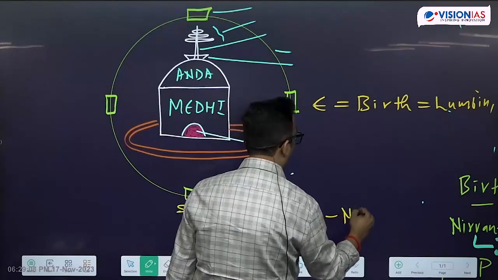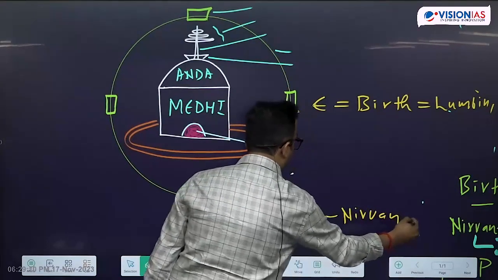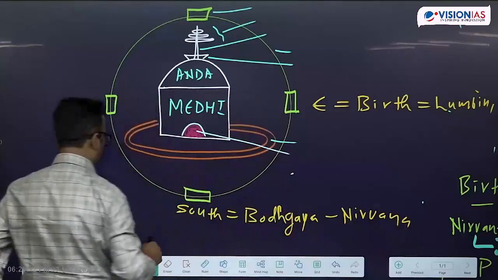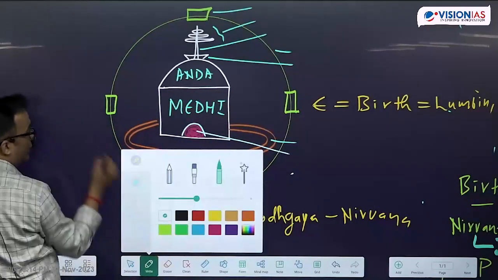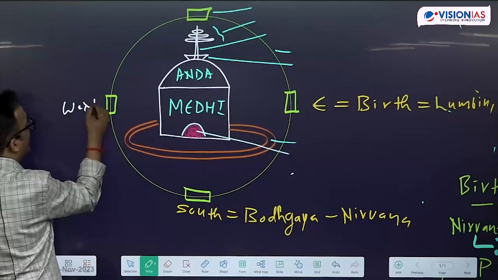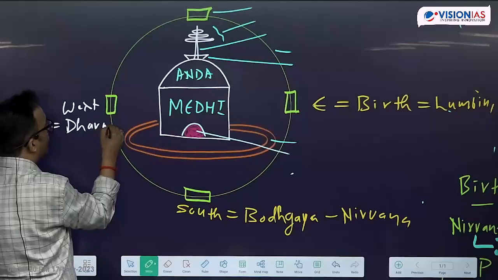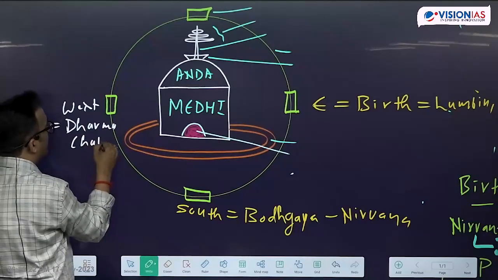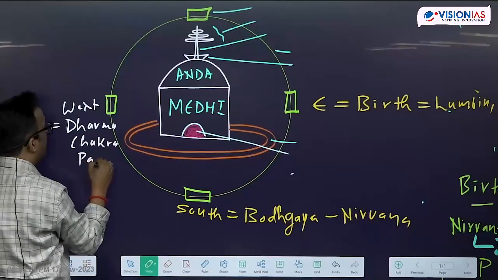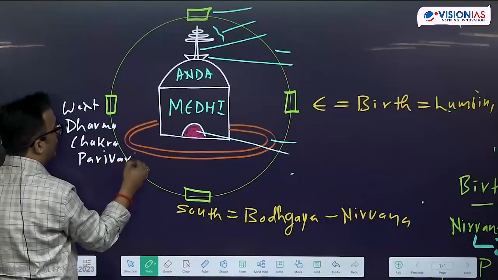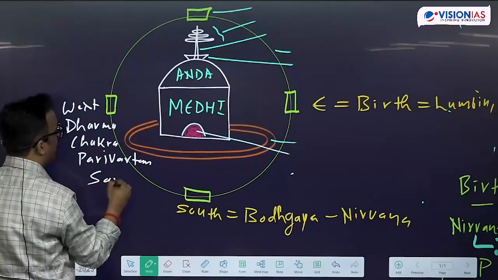Then comes the west one. ठीक है, so the west one is Sarnath, and Dharma Chakra Parivartan I am writing in full, at Sarnath. ठीक है, so this is there.